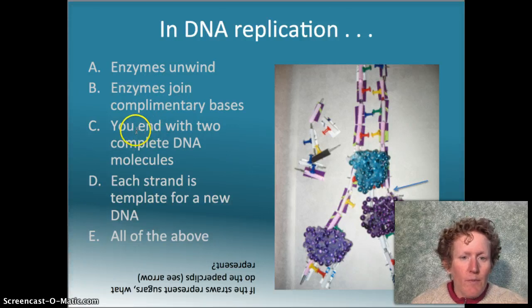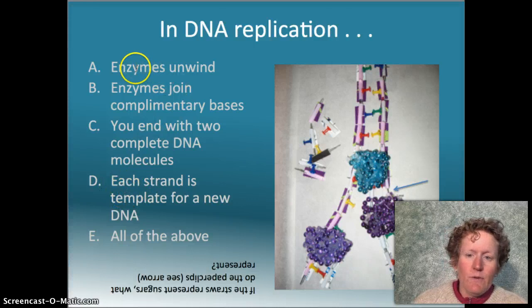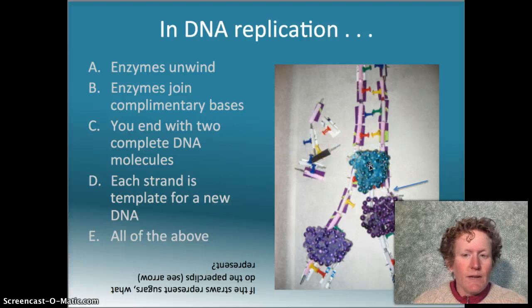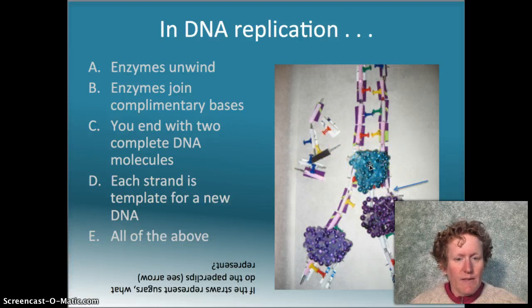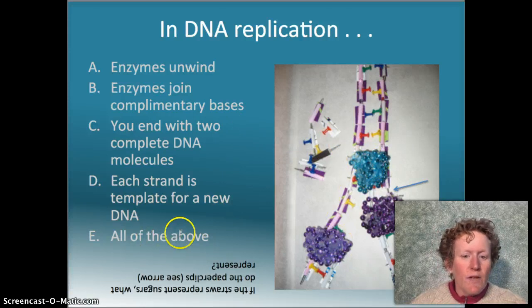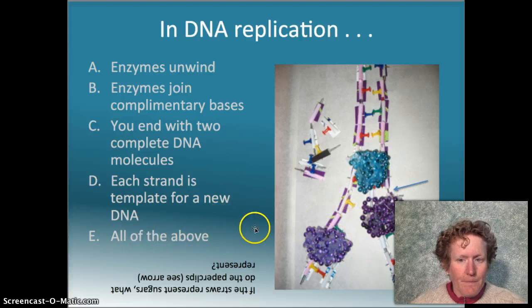You end up with 2 complete DNA molecules. Each strand is a template for new DNA, and enzymes do unwind. The enzyme helicase here in this model is unwinding and unzipping the hydrogen bonds in the DNA. So all of the above are true.